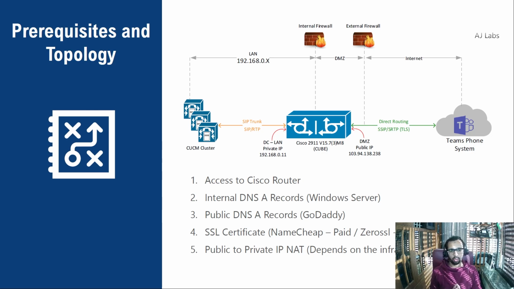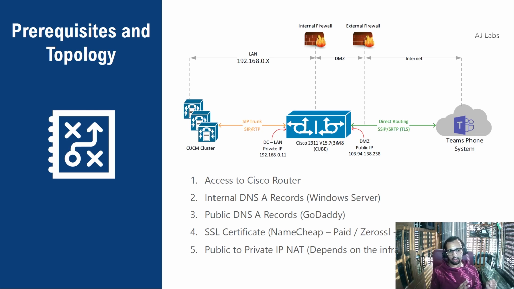So for this particular one, what are the things required? Access to my router. Then I should have a DNS record. For example, I will be naming my CUBE, the Cisco 2911 router, as SBC, and my organization uses a domain name called ajcollab.com. So I should have sbc.ajcollab.com resolving to an internal IP address, which is 192.168.0.11, internally in the corporate LAN.